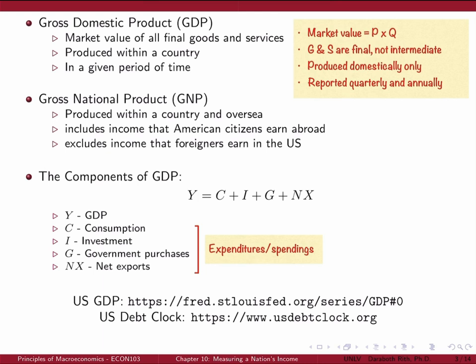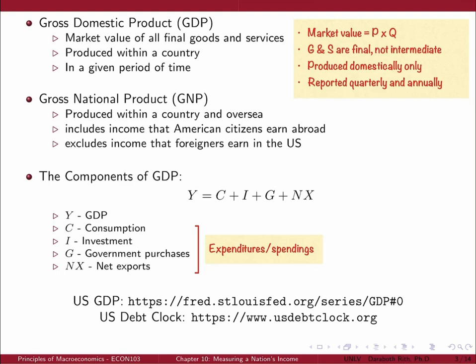For example, income earned by American citizens working overseas is included in US GNP, but not in US GDP, whereas income earned by foreigners working in the US is included in US GDP.